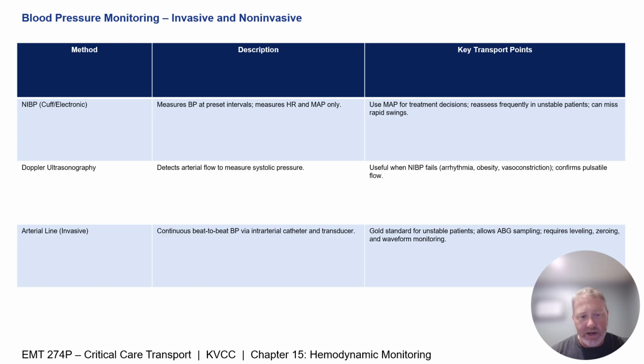So having that art line in place is very beneficial. If you have a patient with an art line in a transport, you've got a wealth of information and data that you can utilize if you know what you're looking for.